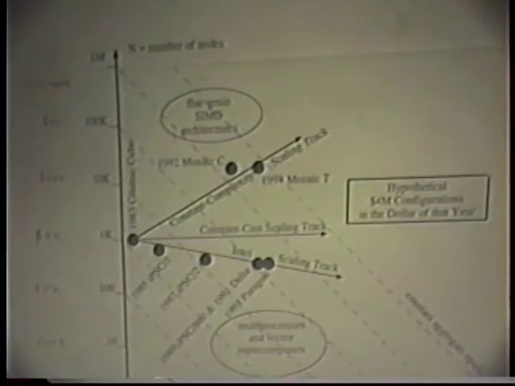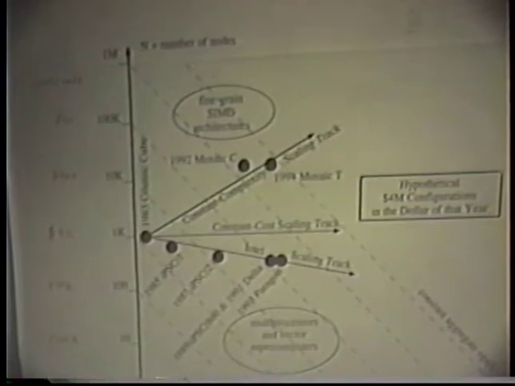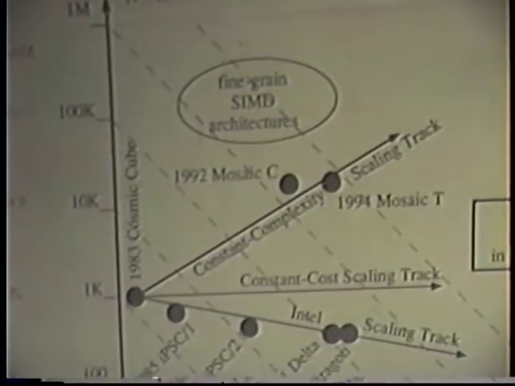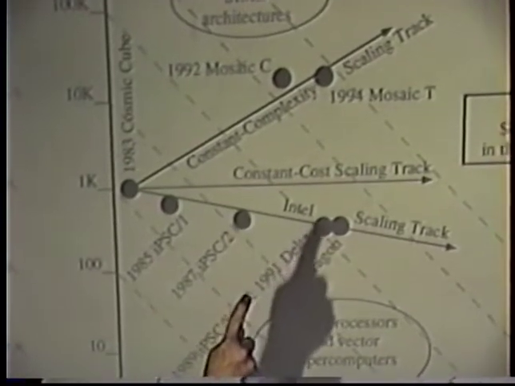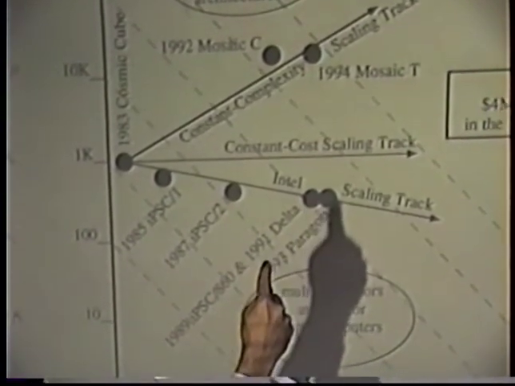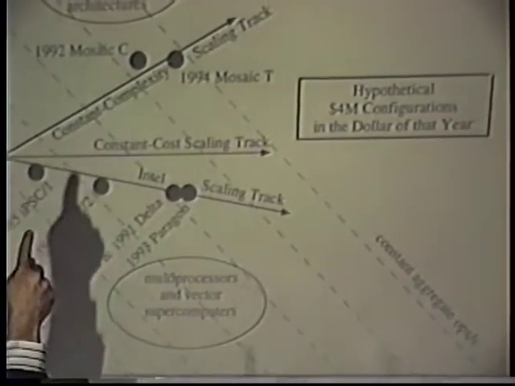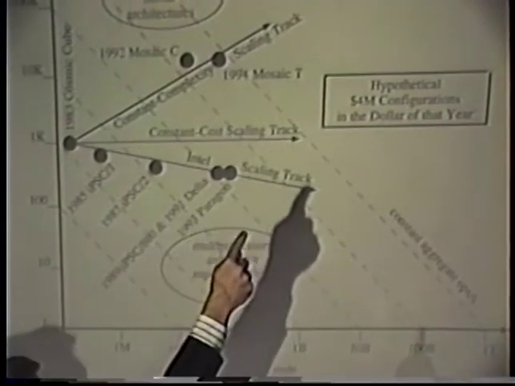What I've done here is taken a number of machines, each one a black dot, from quite different time periods, starting with the 1983 Cosmic Cube out here. And then I took all the Intel machines: the iPSC-1, iPSC-2, the iPSC-860, the Delta, and the announced Paragon machine. It appears that Intel is following what we call a scaling track along here.